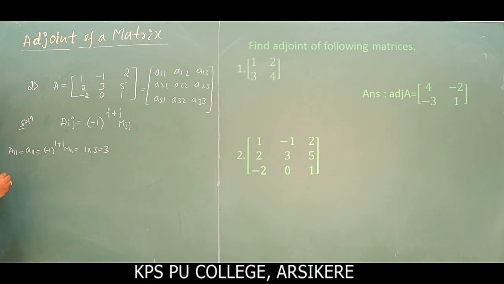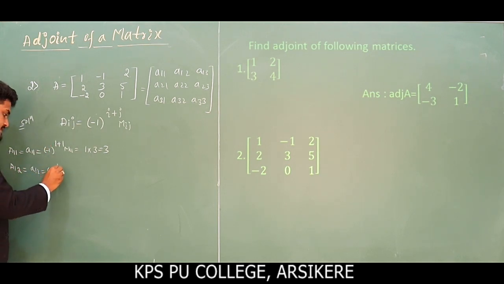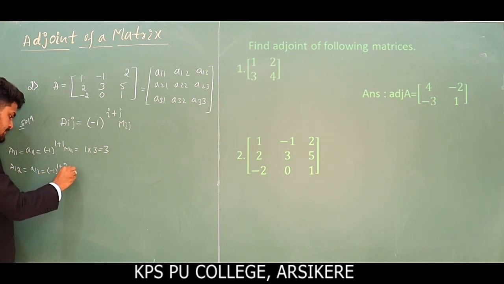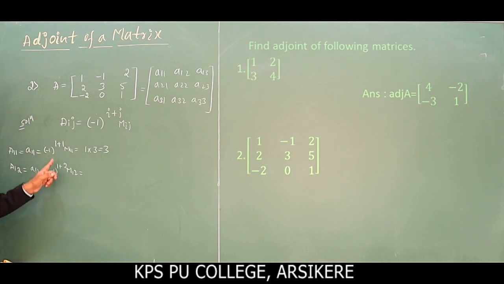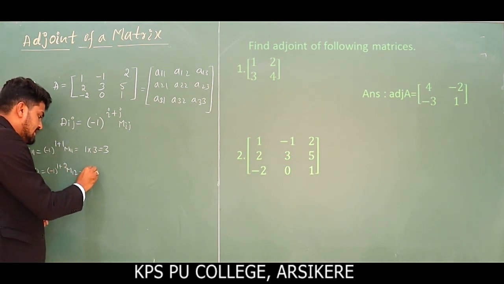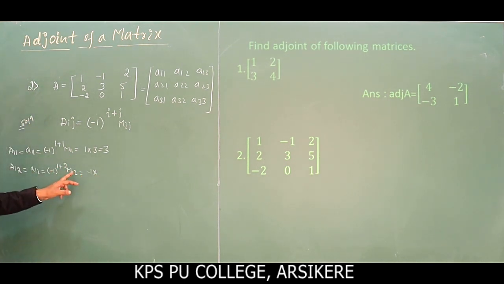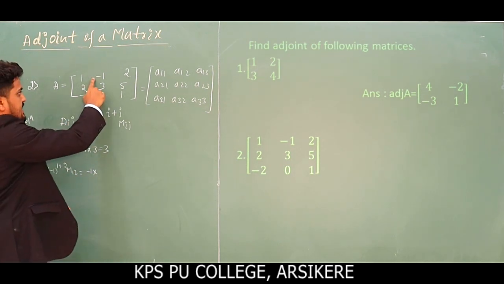Okay. Next A12. Then how to find A12? A12 is minus 1 to the power of, in place of i 1, in place of j 2, into M12. So minus 1 whole cube is minus 1, into the minor M12.